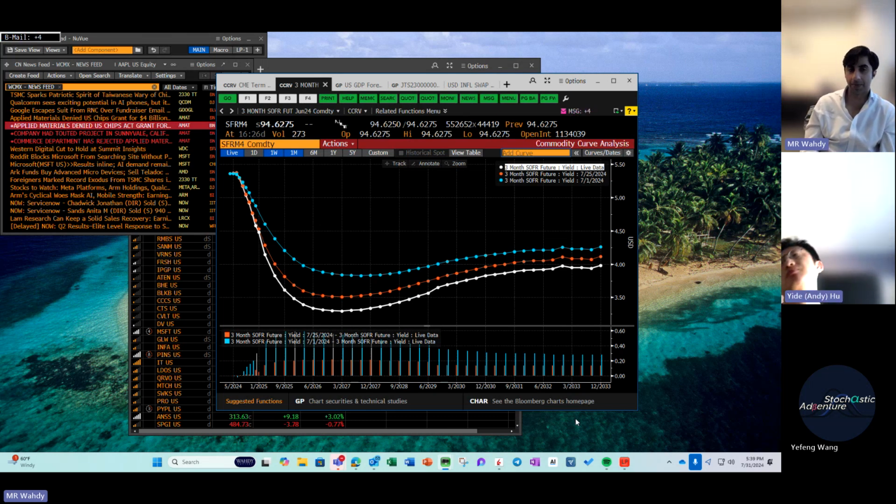Still, I would expect a little bit of a give back here in SOFR curves and where rates are. But probably not that much until we get a data point that actually confirms that we're overextended. So I would say that we're going to trade within standard deviation of where the rates are.